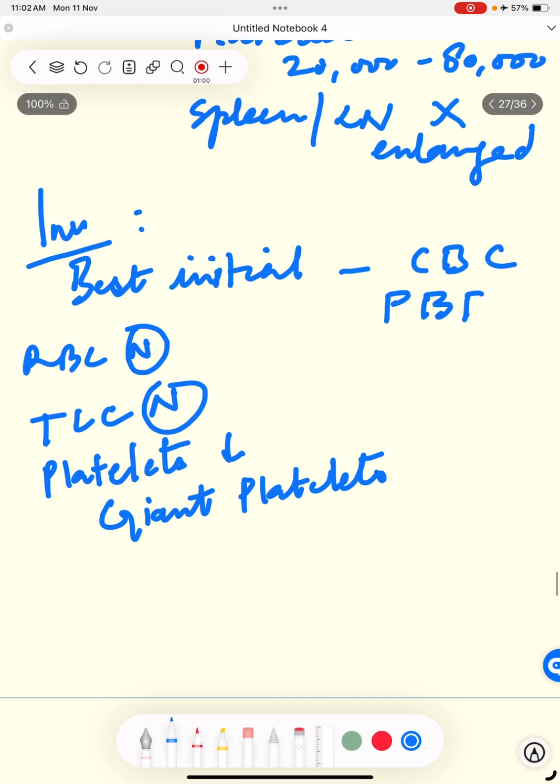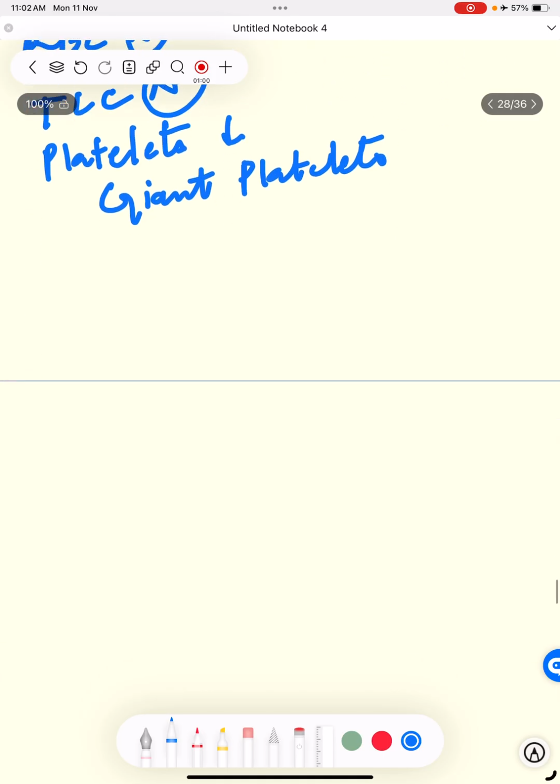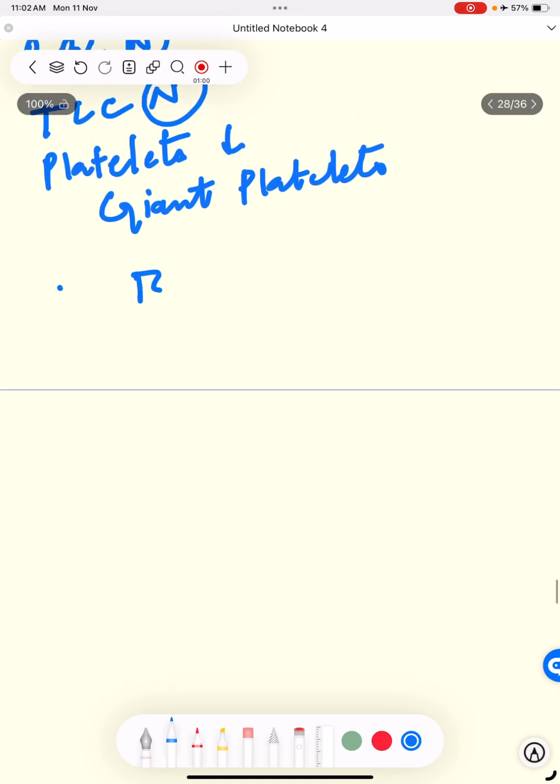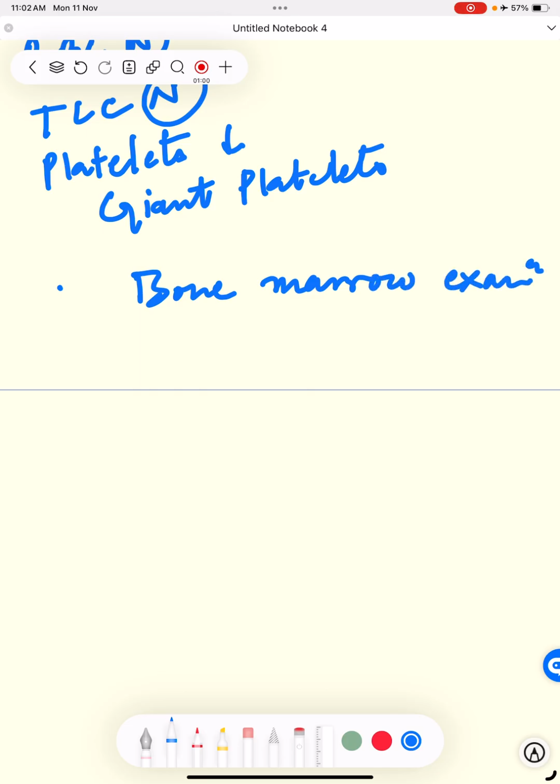We can also go for another investigation, which is bone marrow examination. Here, megakaryocytes can be seen.